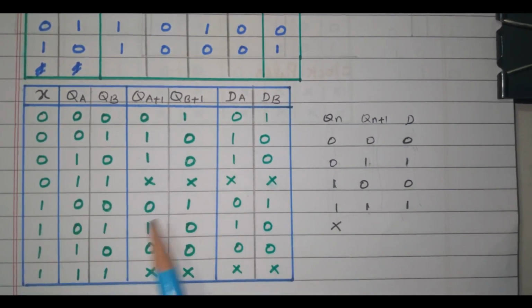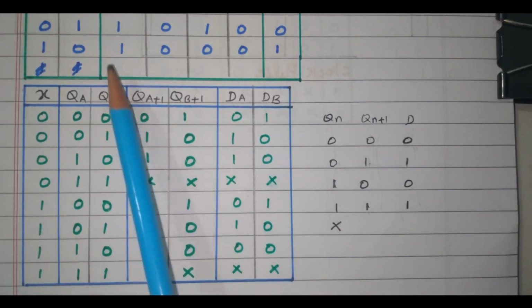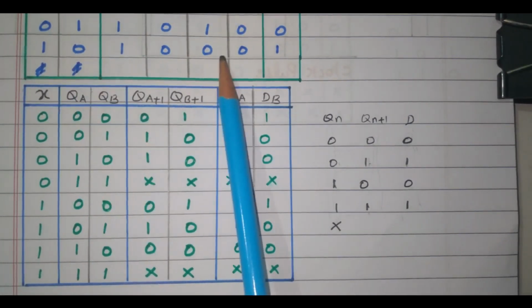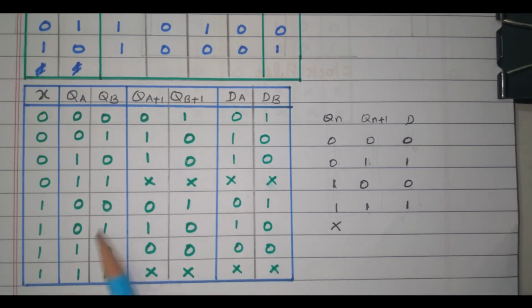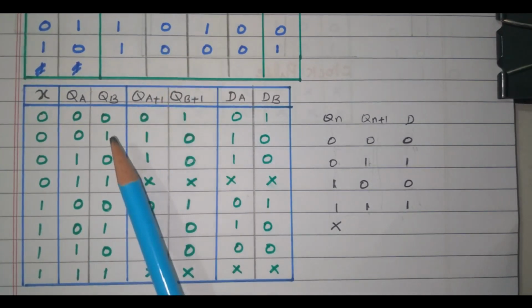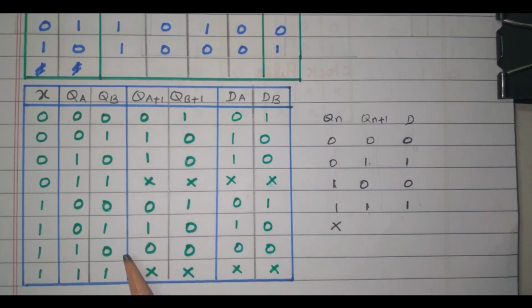For 1 1, it is not available, so that is considered a don't care condition. So, from the above table, the 8 combinations of current state and next state are developed, and the inputs are available.